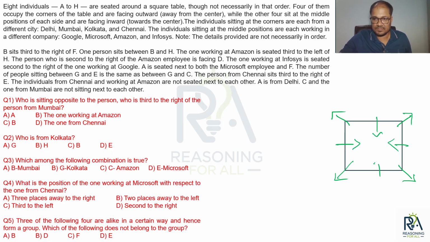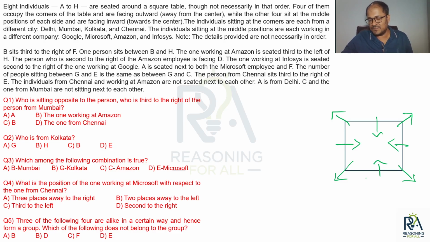The individuals at the corners are each from a different city. Is only the corners' city given? Let's see what is given for the middle positions. The individuals sitting at the middle positions are each working in a different company. So the information is something like this: those sitting at the corners, we know about their cities, and those sitting at the middle positions, we know about their companies.